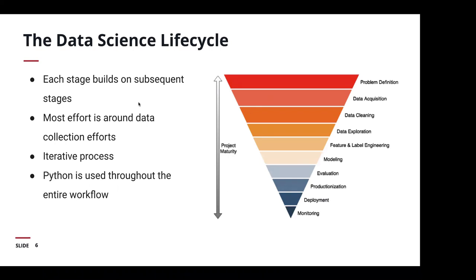And if everything goes well, then you can deploy the model so that you can actually use it within your production system. What I try to illustrate here is that the width of each stage in the lifecycle pyramid is a rough indicator of how much time you spend in each stage.